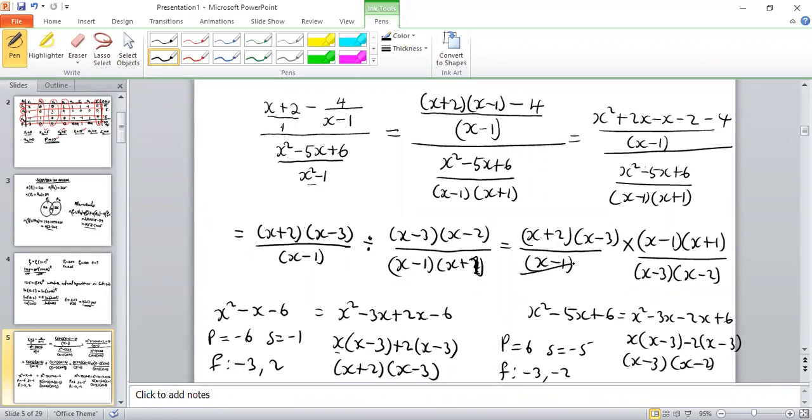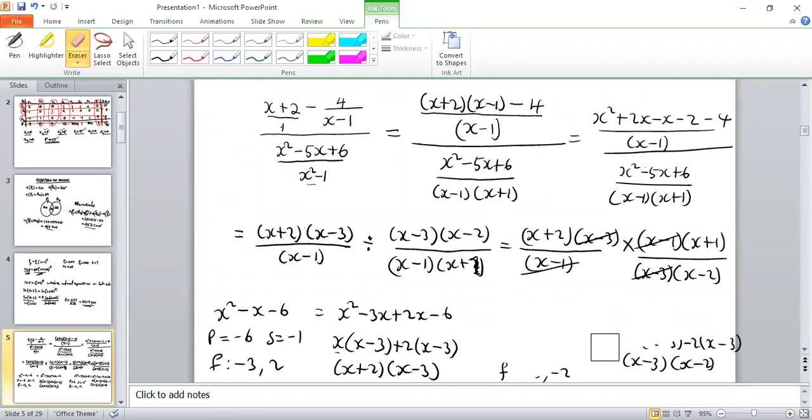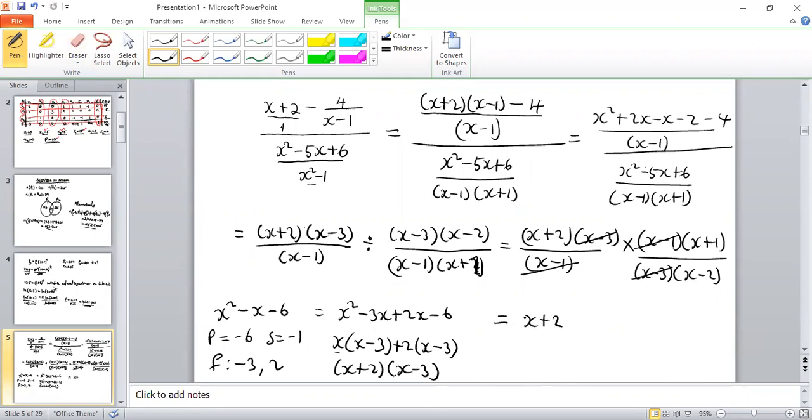Then this cancels with that, this x minus cancels with that. Then we remain with what we have now. So we'll create some space so that we can have the final answer here. The numerator is x plus 2 and x plus 1, then in the denominator, we have x minus 2.